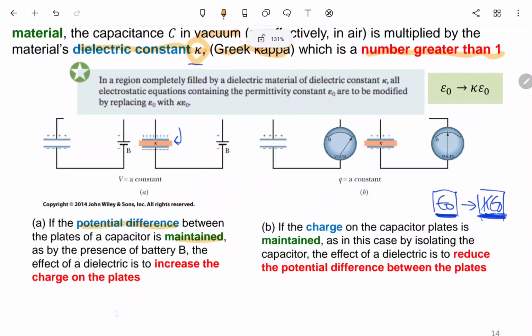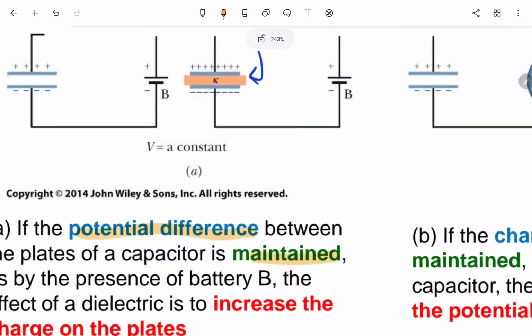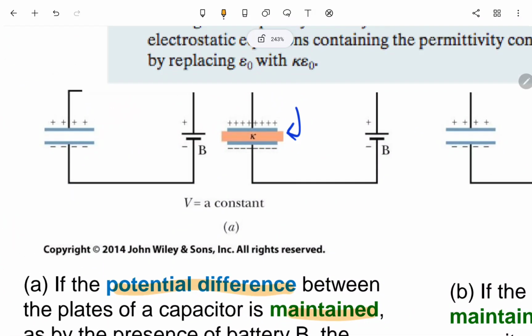Okay, so here we first take a look at the left hand side. So here this is the circuit. First we have this capacitor and then we have a battery here. Let's say the potential difference is V for this battery, and so this capacitor also has this potential difference.